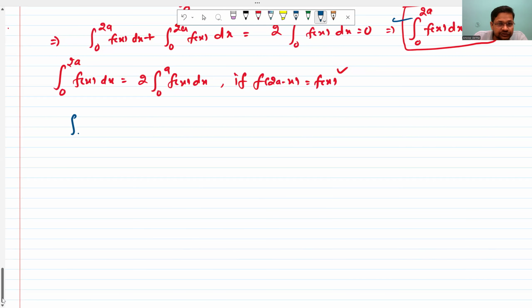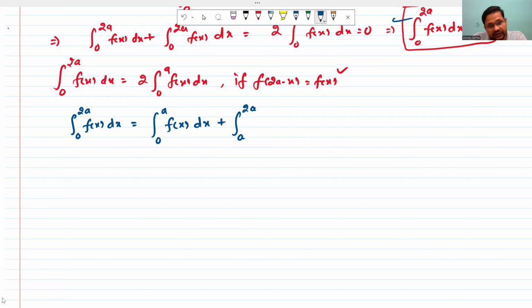So it is 0 to 2a of f(x) dx. We can break this interval into 0 to a of f(x) dx, and the integration from a to 2a of f(x) dx. There is no need to do anything with the first term; I'm just taking the second term.